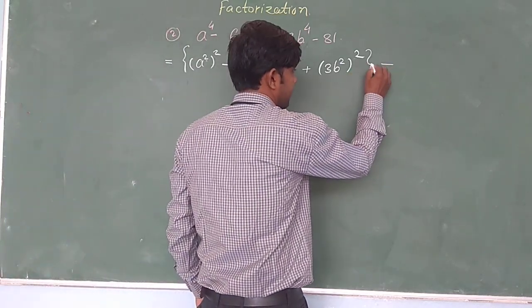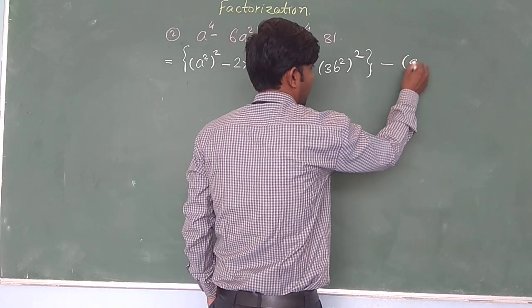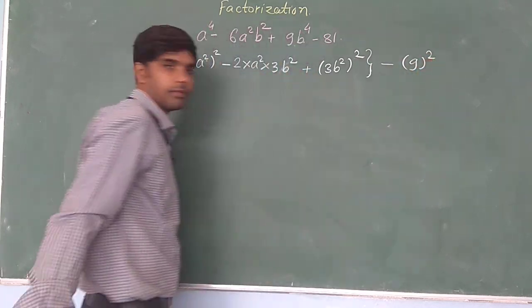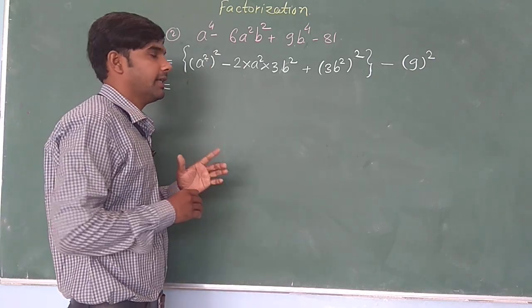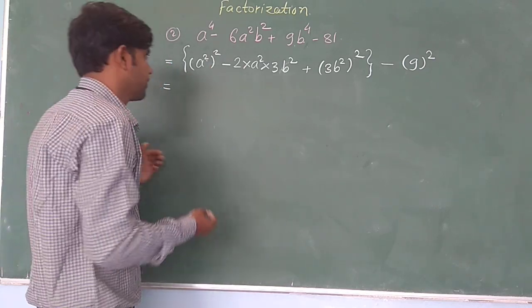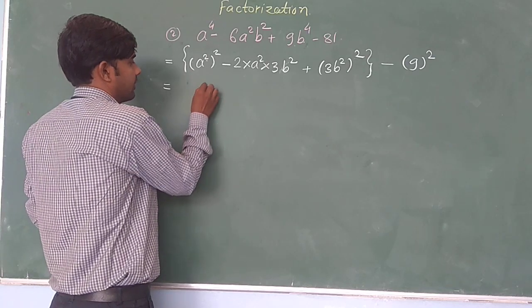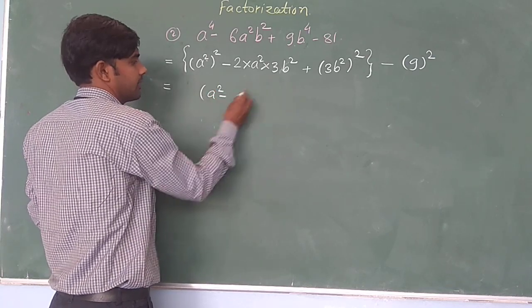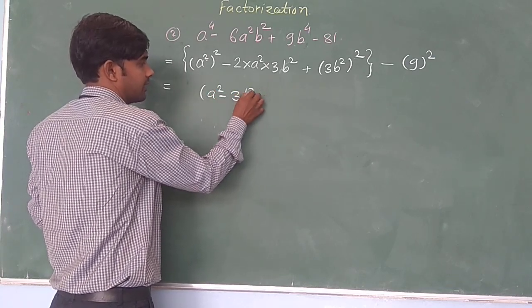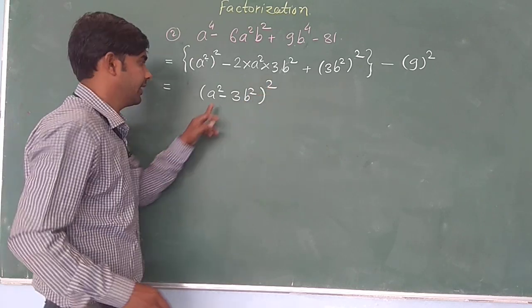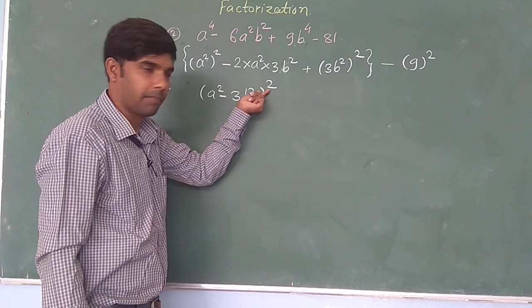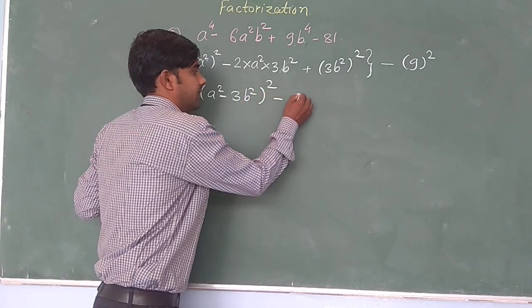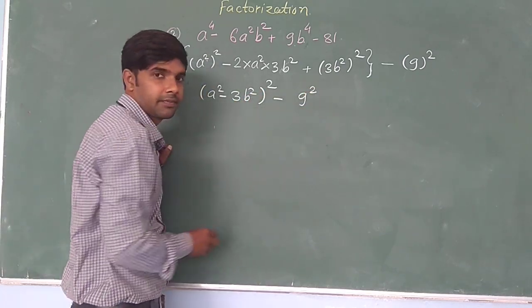Now minus 81 is the square of 9. So now this is nothing but a minus b bracket square. We know that, that is a square minus 3b square bracket square, and minus this 9 square as it is.